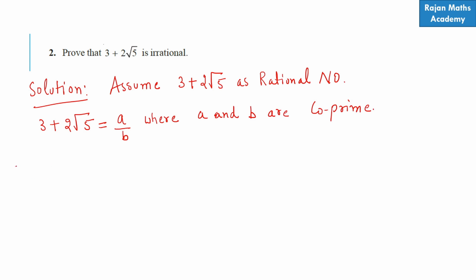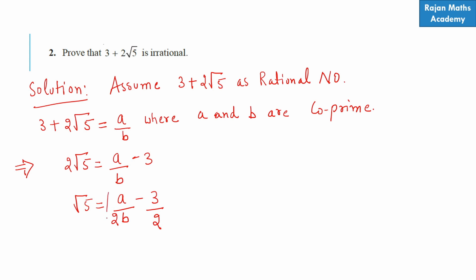So take root 5 on one side. 2 root 5 is equal to a by b minus 3, then root 5 is equal to a by 2b minus 3 by 2.